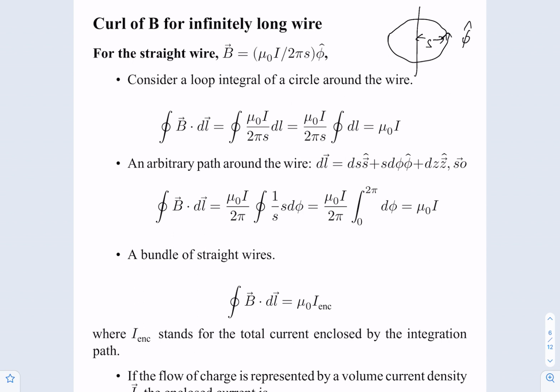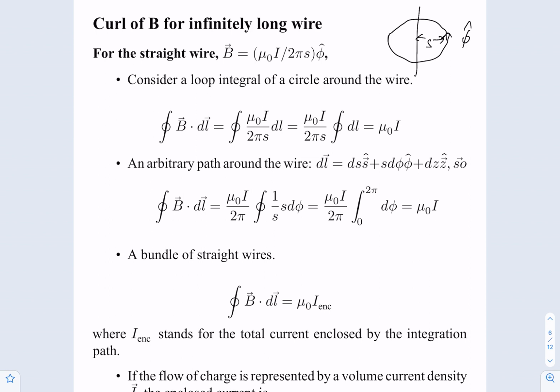So in the end, what we get is that the magnetic field along this path is equal to mu naught times the current that's enclosed by this loop. However, this path is actually a very special one. What we calculated is a circular path winding around this wire. This is not necessary because we can have an arbitrary path winding around this wire.